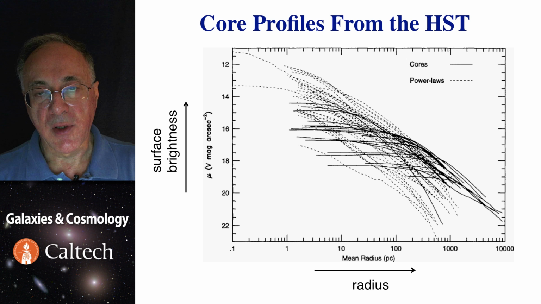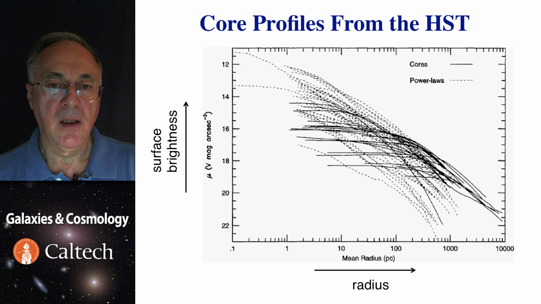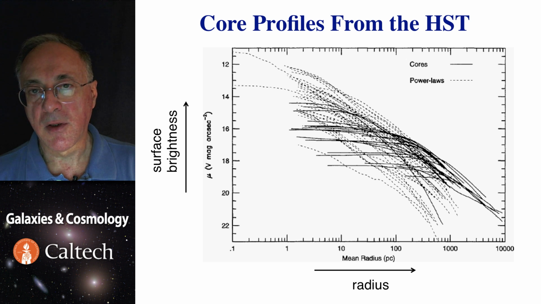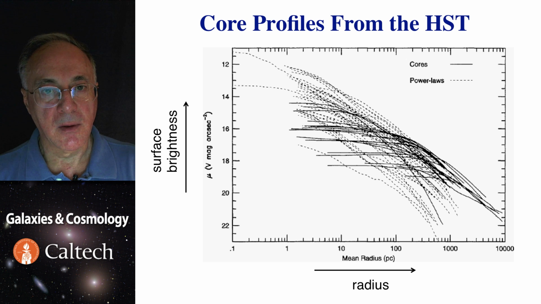So here is just a collection of surface brightness profiles from Hubble, and they have been divided empirically into those that show cores, which are shown as solid lines here, and those that look like power law cusps, not pure power laws, maybe slightly curved, but nevertheless cusps, and those are shown as the dashed lines.